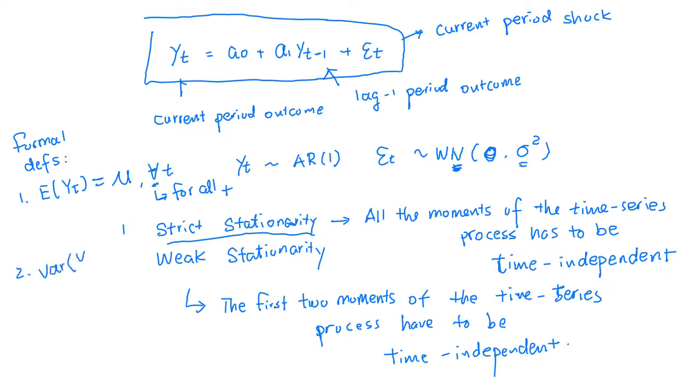The variance of this has to be some parameter which is time independent as well. As you can see here, whether it is mu or sigma squared y, there's no subscript t. That means this mu will be a constant across time, and this sigma y squared will be constant across time.